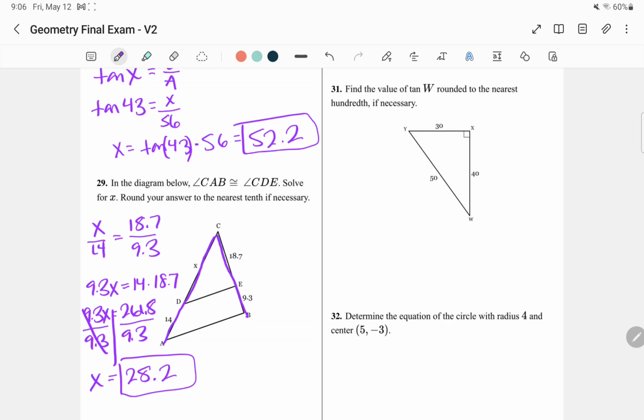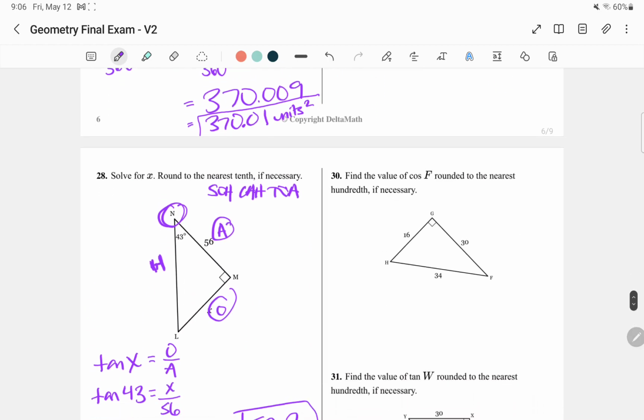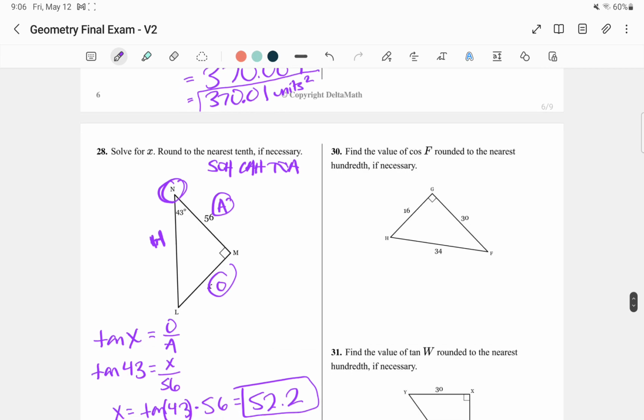All right, and last one of this section, we're going to find the value of cosine f rounded to the nearest hundredth. So f is right here. Let's label. H, O would be here, A would be here. We can also write SOHCAHTOA, so that helps us. So cosine we know is A over H. So let's write that.